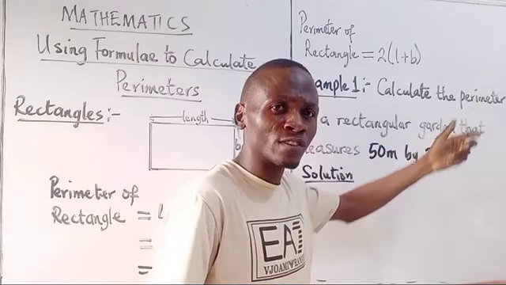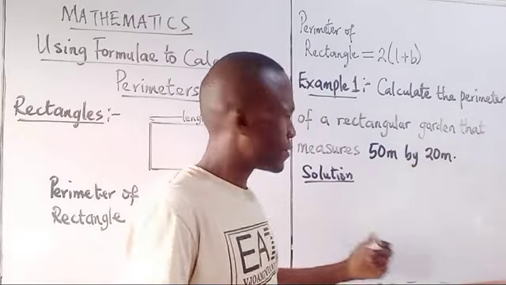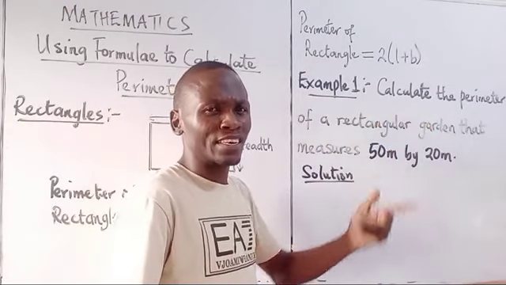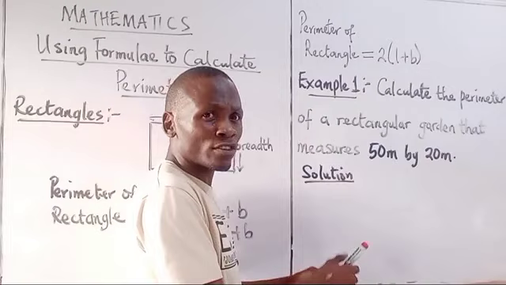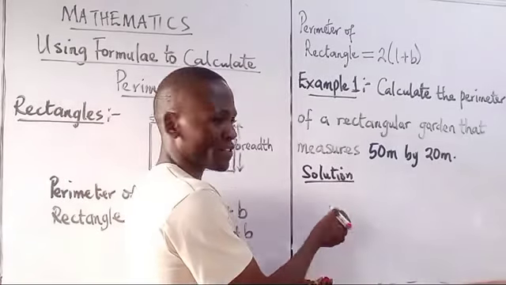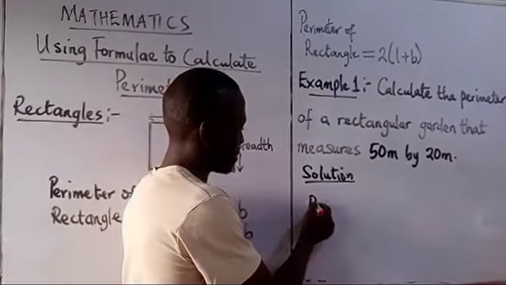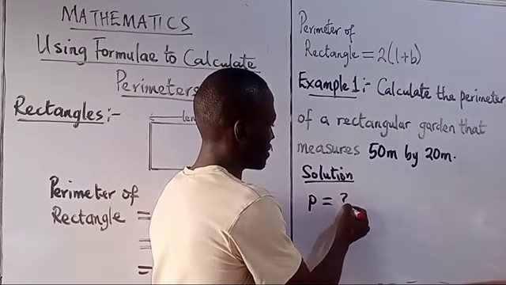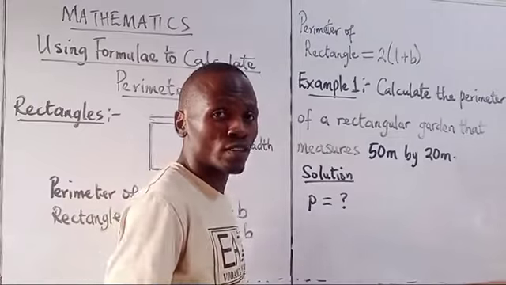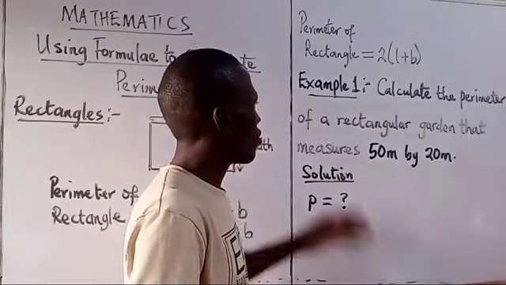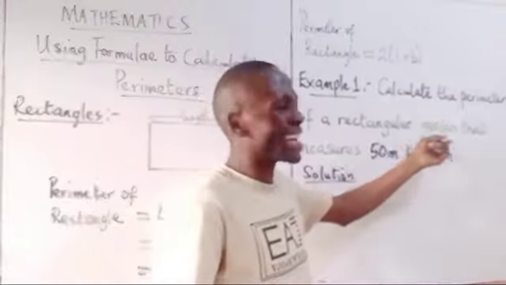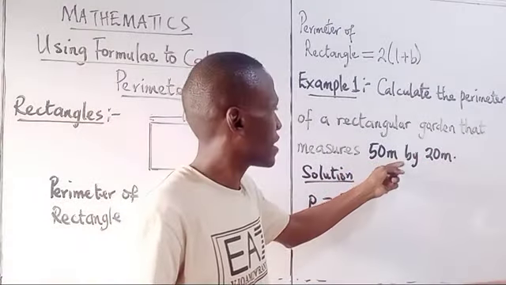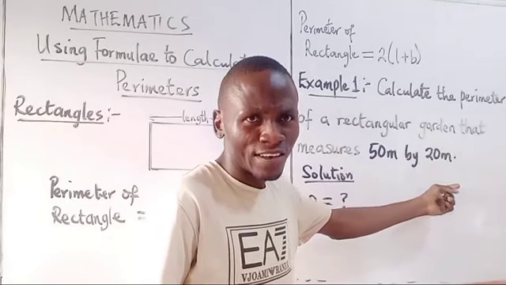That statement tells us something. I write that down. They want us to calculate perimeter. Then I indicate what perimeter is. We symbolize perimeter with letter P, small letter P. We want to calculate perimeter. That is, we don't know the perimeter of a rectangular garden that measures 50 meters by 20 meters.